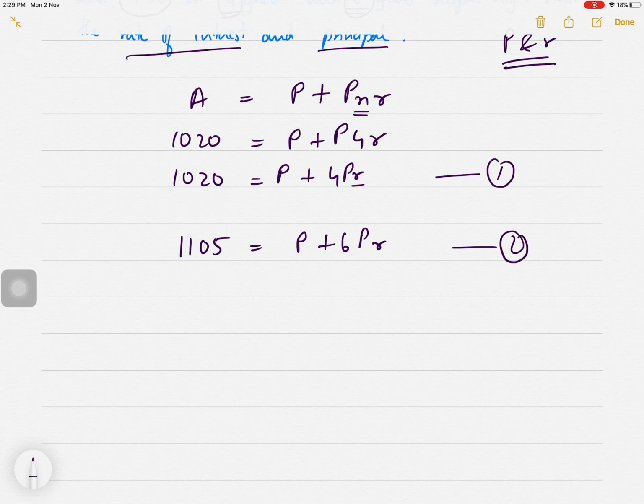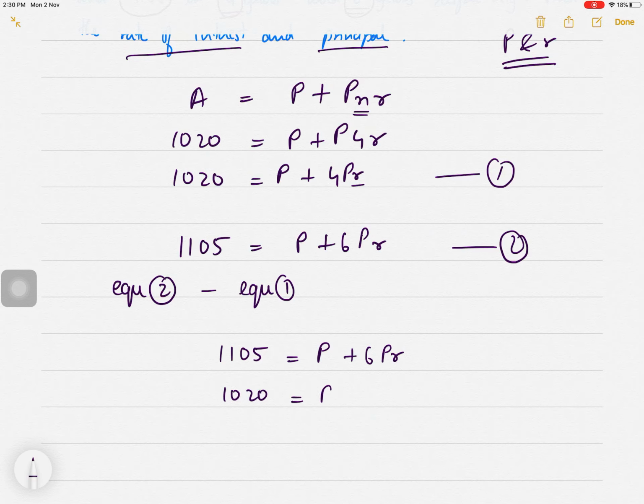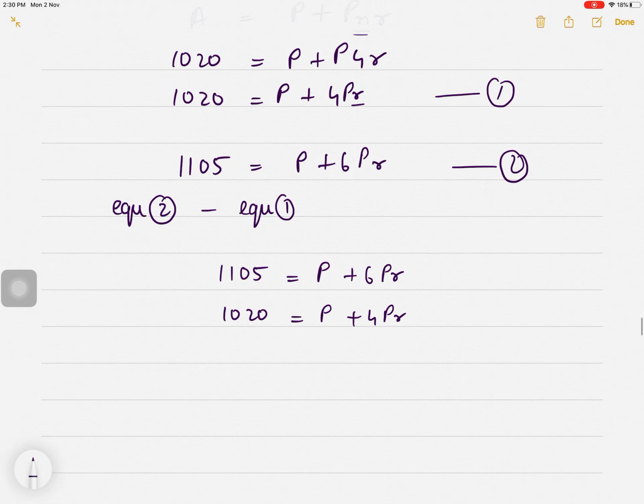So equation 2 minus equation 1. So I'll rewrite. Okay. 1105 is equal to P plus 6PR, and 1020 is equal to P plus 4PR.